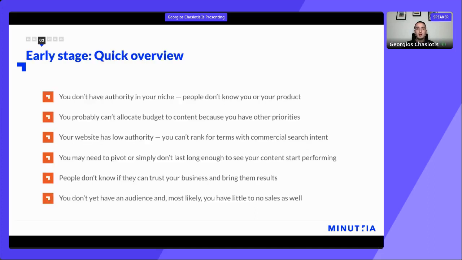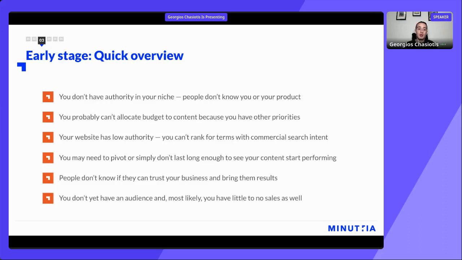So let's start with the first one, which is early stage companies. A quick overview of where these companies are. Chances are that unless you are a second or third time founder with many connections in your industry, you don't have an authority in your niche, and people don't know you or your product. At the same time, you probably cannot allocate budget to content because you have other priorities.